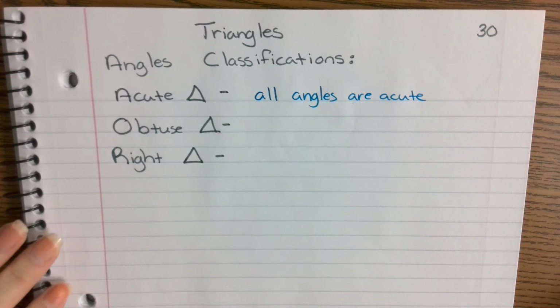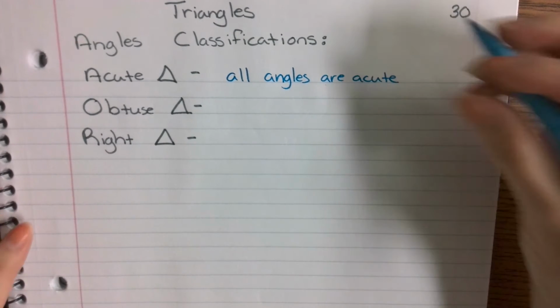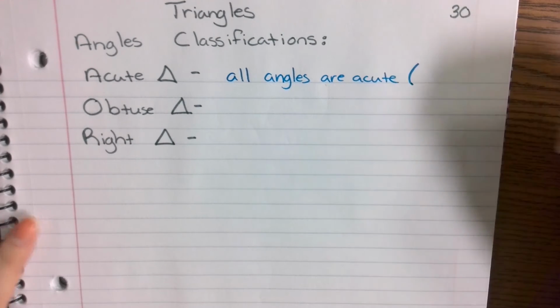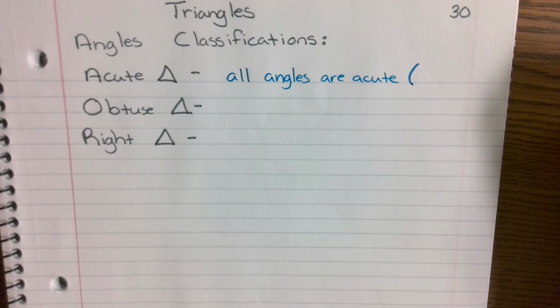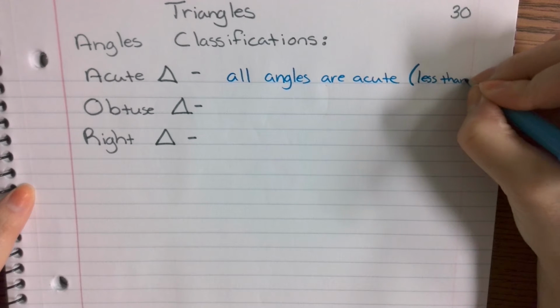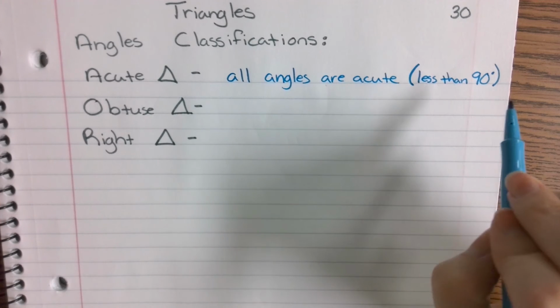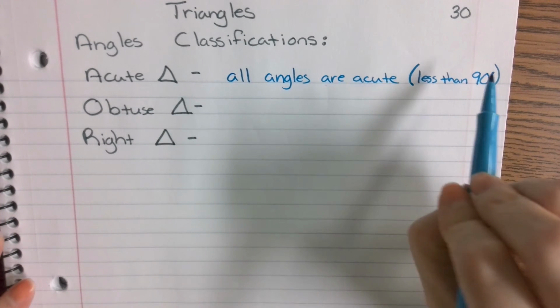Going back to your 6th grade and 5th grade material, acute angles are what? An angle that is less than 90 degrees, right? It's small. So put that down in parentheses: less than 90 degrees. Every one of the angles in an acute triangle is less than 90 degrees.